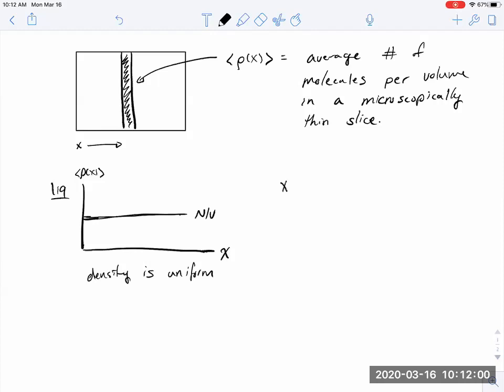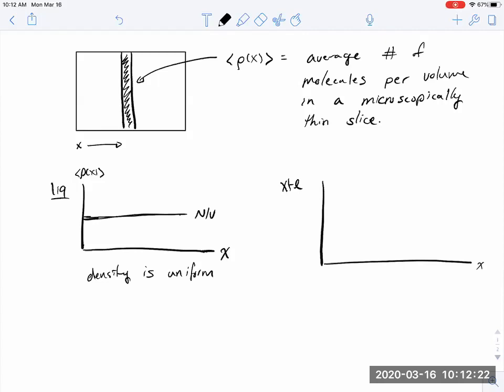Now, if I contrast that with what I would get from a crystal, well, a crystal is something where atoms and molecules take up periodic arrangements. They are in very specific locations in space and not in others.